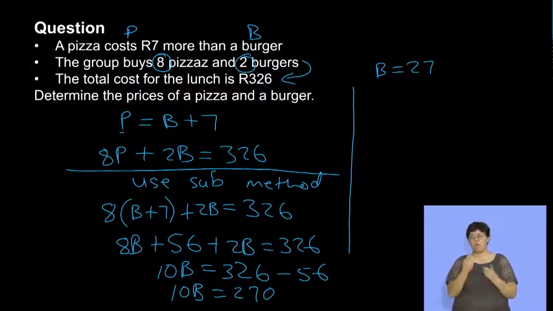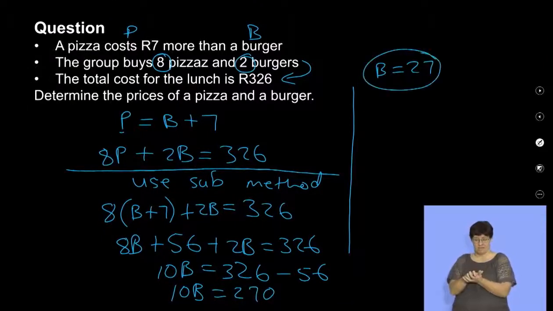So that means the cost of a burger is 27 rand. But because we know that the pizza costs 7 rand more than that, we need to add 7 rand to make sure that we get the prices correct.